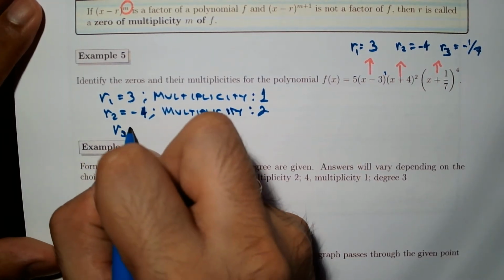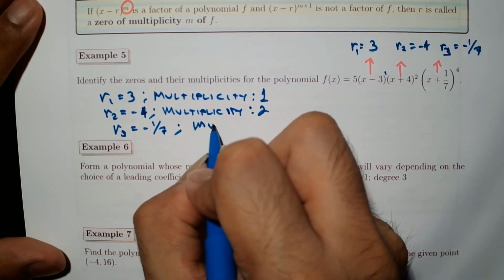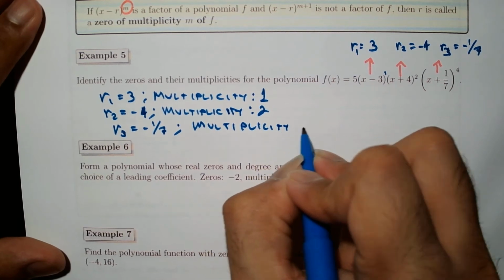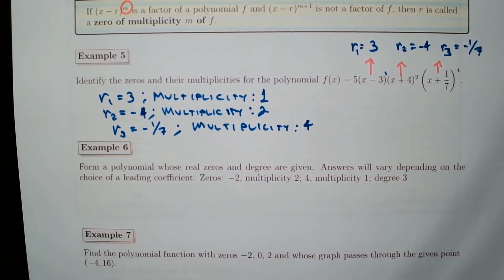And r3 equals negative 1/7 is of multiplicity 4, because the highest power is 4. All right. Now let's look at another example. So let's see.